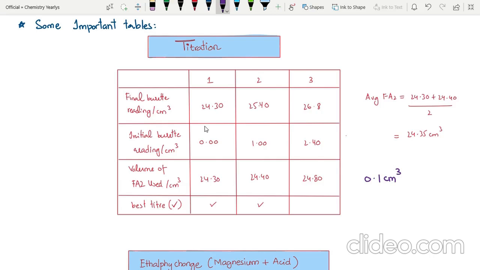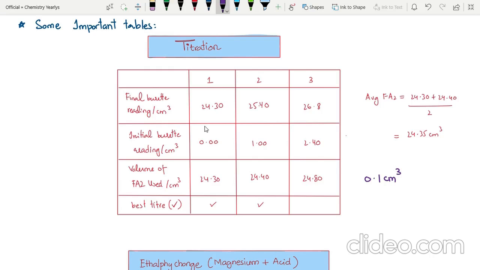They have a difference of 0.1. So we take these two as concordant results, and these will be our best titre. You also have to include the last row of best titre, so the examiner knows which values you have taken. The third, you can see, is 24.8 and it is far away from 0.1, so we do not take it and we just ignore it, okay?